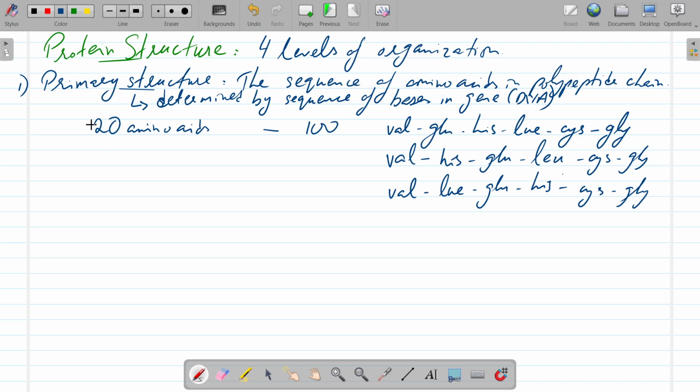And so the sequence of amino acids, the primary structure, is very important, and we will learn later that if the primary structure is somehow disrupted due to mutations in the DNA sequence, then that can result in faulty proteins, right? It could result in nothing happening, possibly.